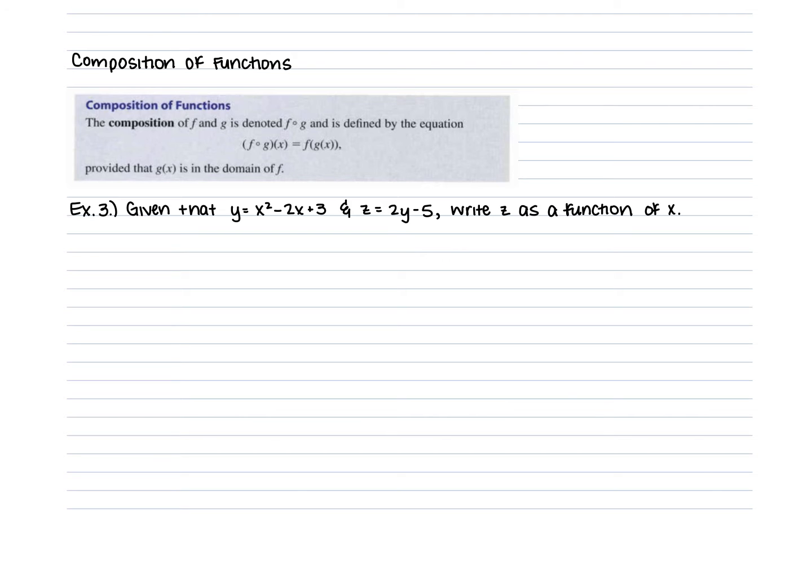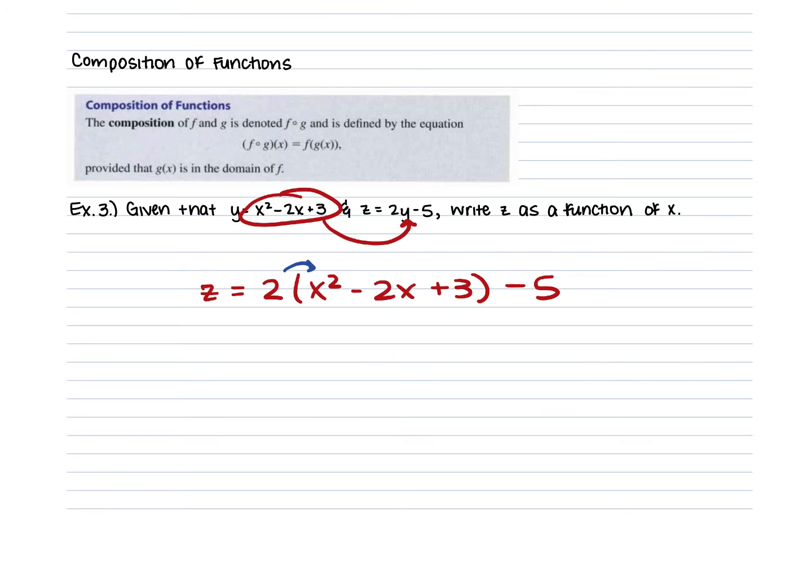So what we're going to do is wherever we see a y, we are going to take what y is equal to, which is the x squared minus 2x plus 3, and plug it in for that y. So we're going to have z is equal to 2 times x squared minus 2x plus 3 minus 5.